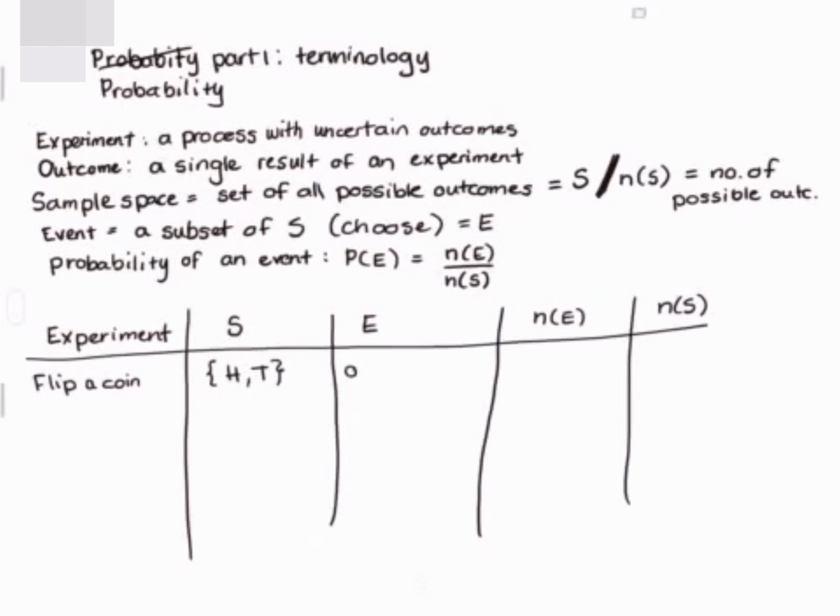Event is the one that I choose, so I'm going to choose event E to be get a head. How many of these on the sample space are heads? 1. How many elements in the sample space? 2. Let's add one more thing. Probability of event E is then 1/2.